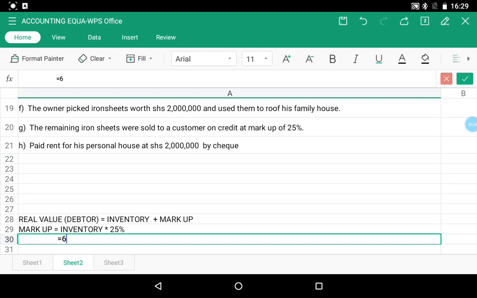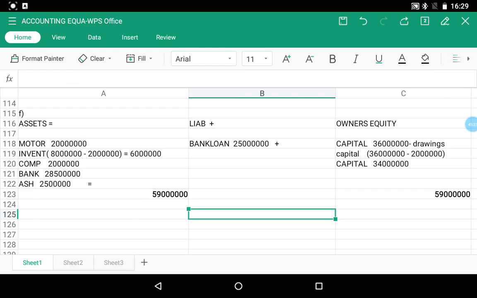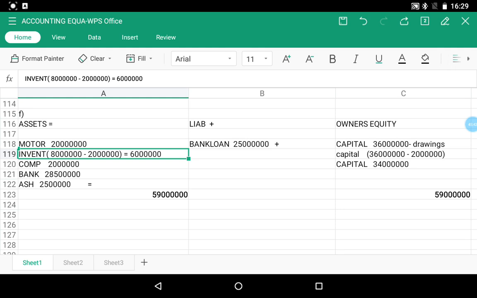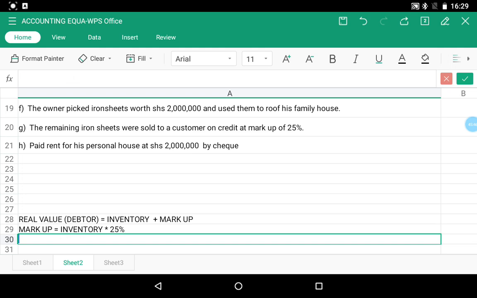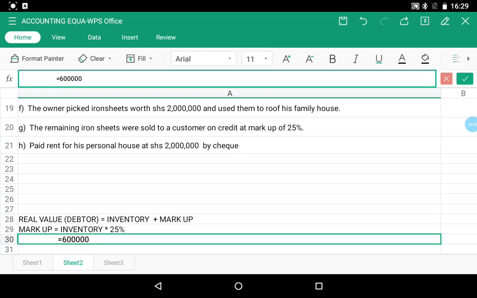We have 6 million, our inventory here. So we have our 6 million, you multiply by 25%, and we shall have our markup of 1,500,000 shillings.